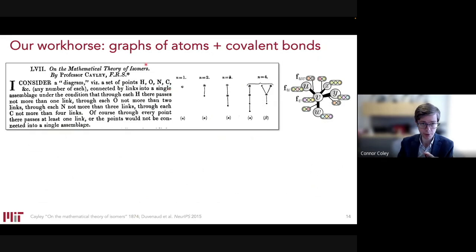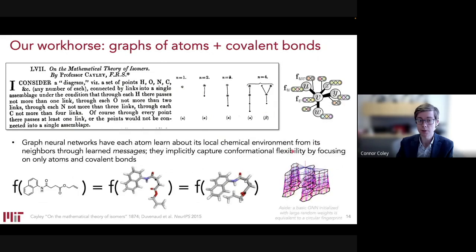Even before they called them graphs, they called them diagrams, but it's the same idea of having atoms connected with bonds, obeying some physical constraints over what's allowed. And so we use quite a lot of graph neural network approaches to represent these structures. And I guess we really benefit from these representations because they'll implicitly capture conformational flexibility.